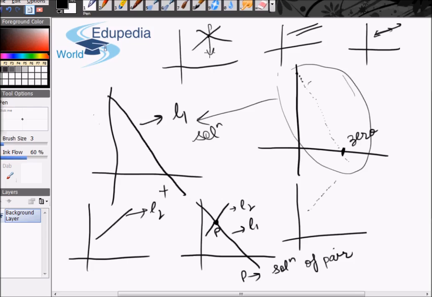Thus, it has one solution, P. Parallel lines never intersect, therefore no common point arises. Thus, parallel lines have no solution, whereas the coincident pair always lie on each other. Thus they have many, or we can say infinite, number of solutions.